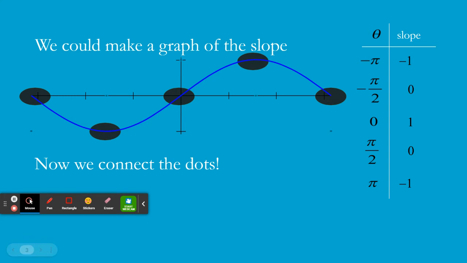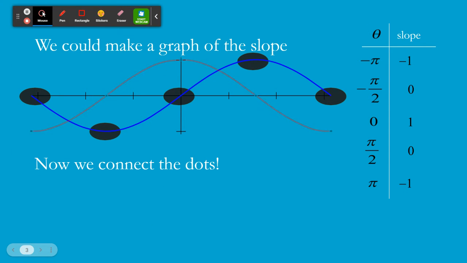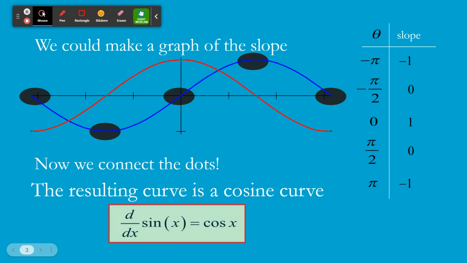Connect the dots. And what do you notice? I'm hoping you're recognizing that shape as the graph of a cosine curve. So when we're talking about the derivative of sine, we're going to say that it is cosine x.